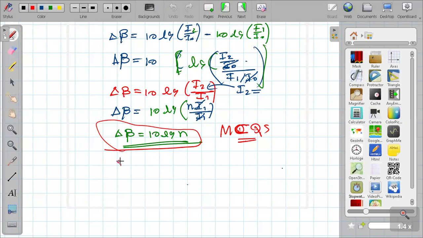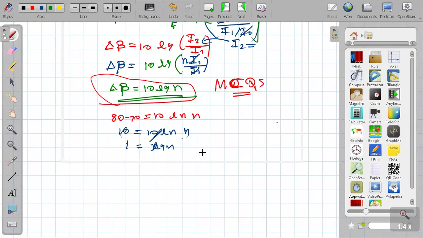Here delta beta is what? 80 to 70, so 10. This 10 equals 10 LG N. So 1 equals LG N. I want to take the antilog to get N out.